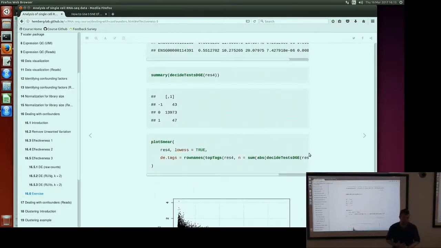So we've looked at two major approaches, methods within RUV, for trying to remove this unwanted variation due to batch.